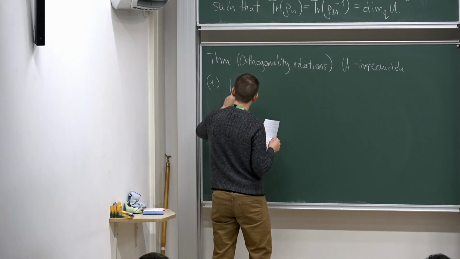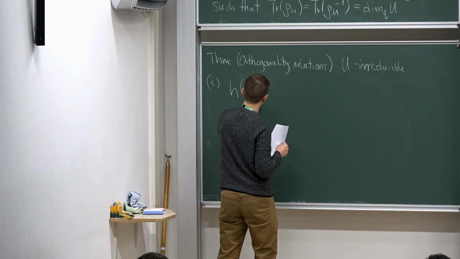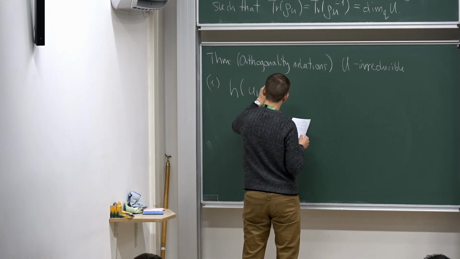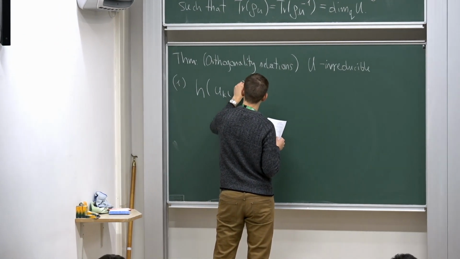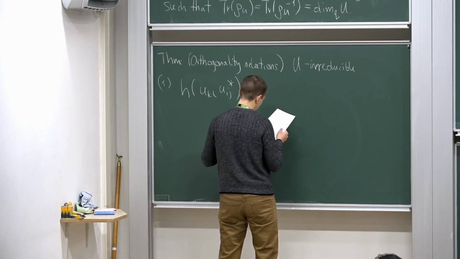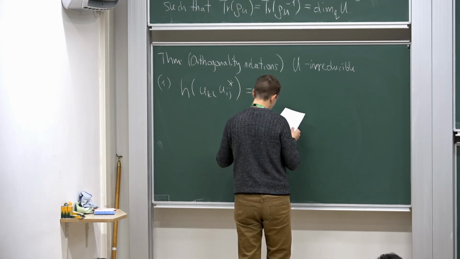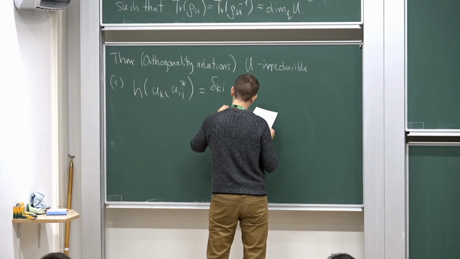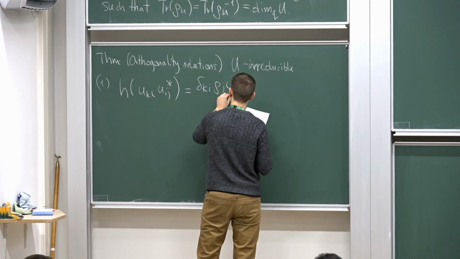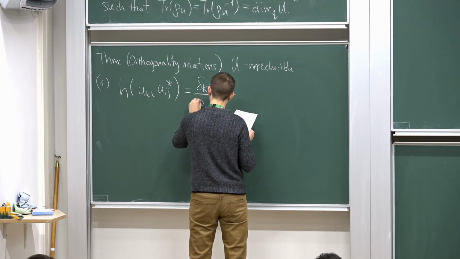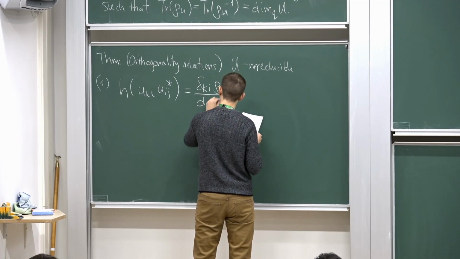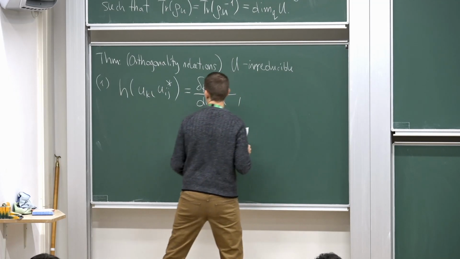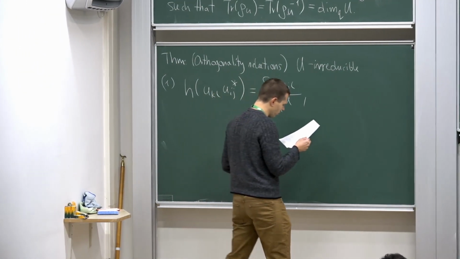If you take two coefficients, U_KL and U_ij star, then this gives us delta_Ki rho_JL over the quantum dimension of U. And then what happens if we do the opposite direction?